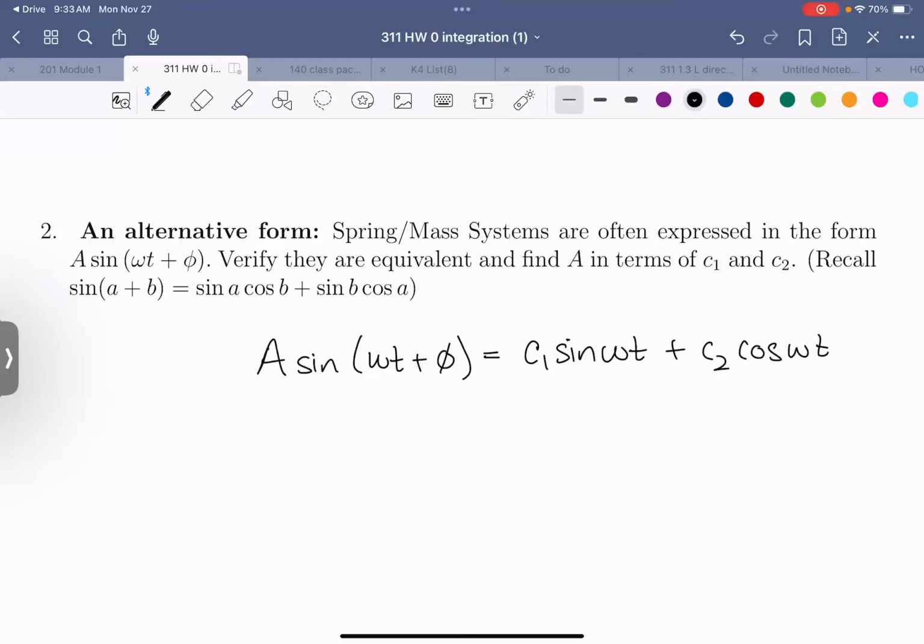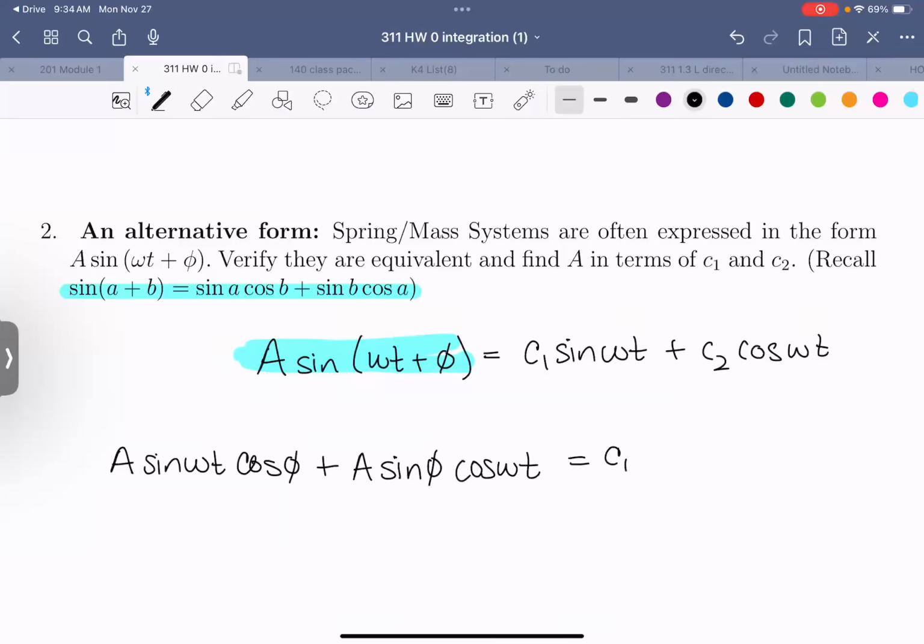We take this side and expand it using this identity, where the A is the omega t and the B is the phi. So this is going to be A times the sine omega t times the cosine of phi plus A times the sine of phi cosine omega t. And that's got to be equal to C1 sine omega t plus C2 cosine omega t.